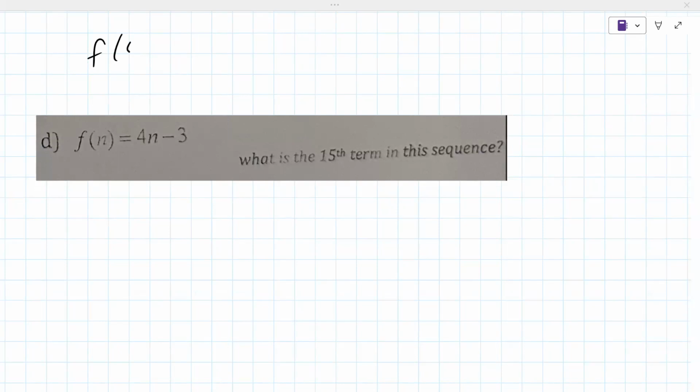Probably this one. So f of 15 is 57. All right, good. Let's move on here to page 2, I guess.